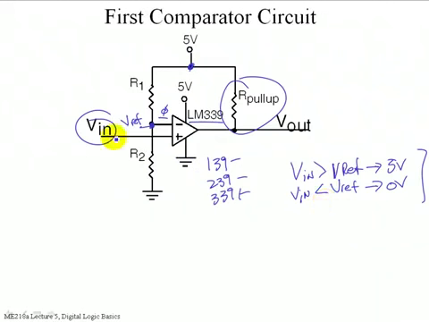If the input at the non-inverting input is greater, then it's going to turn off the open collector output transistor. And then the pull-up resistor is going to pull this point up to something that approximates 5 volts. And how close it gets is going to be determined by how much current is being drawn by whatever we hang off here over at V out.